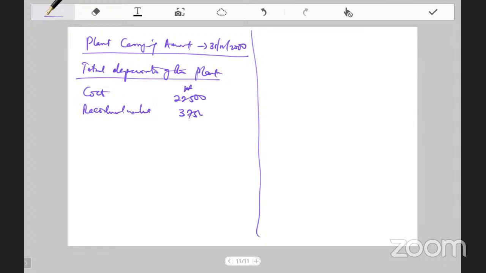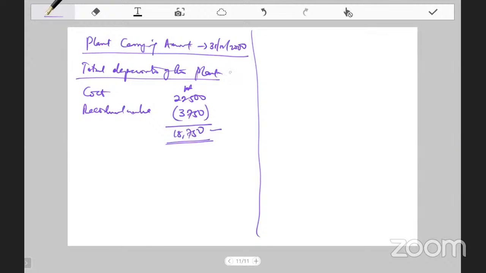Then what is the residual value? The cost is 22,500, and the residual value for the entire period that we are using it is 3,750. So what will be the total depreciation of the plant? 18,750.